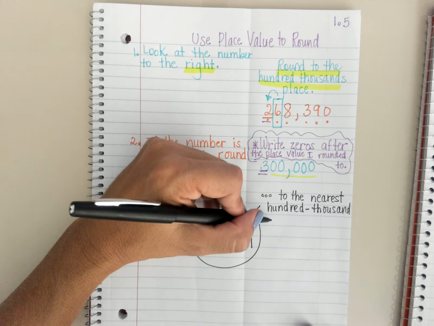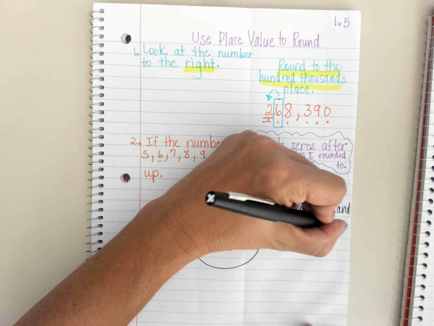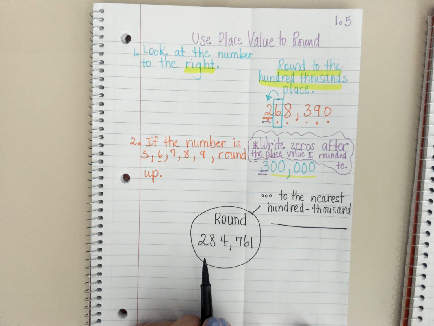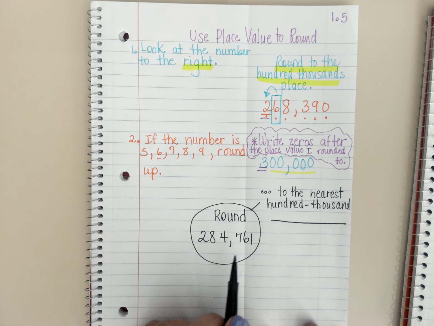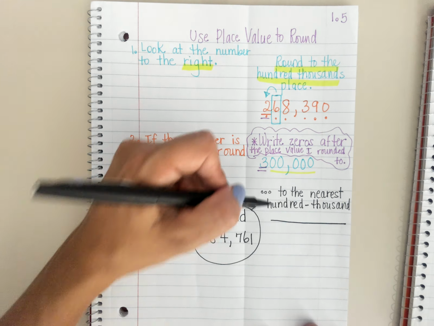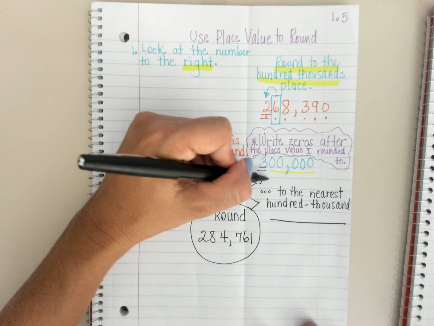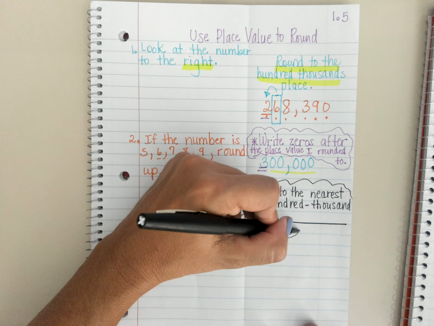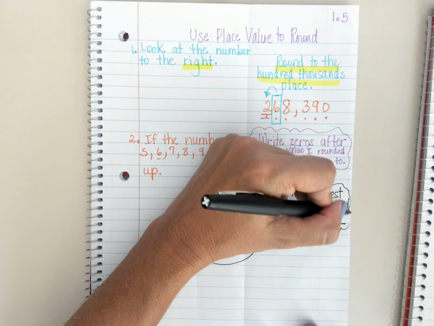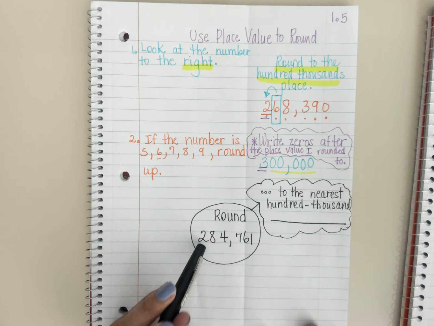And this activity requires that you round, this is the number you said, 284,761 to the nearest 100,000 place. Okay, we know where that one's located.